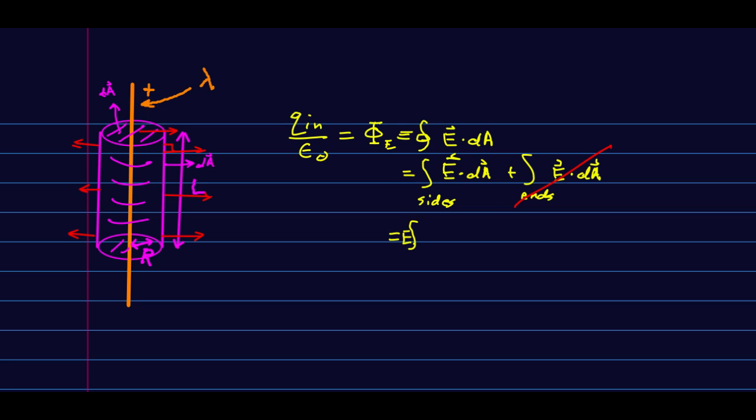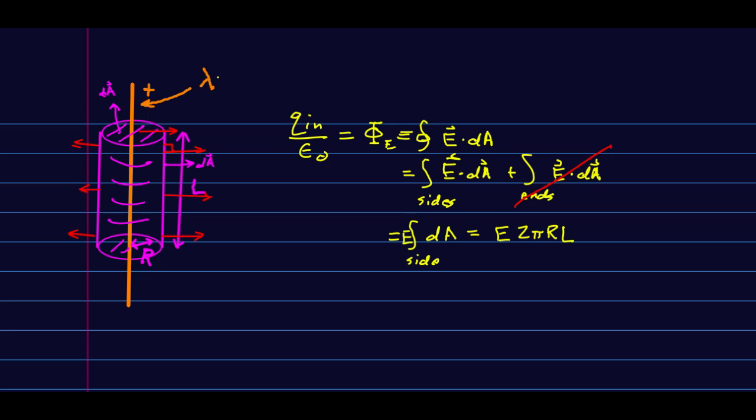I can pull the constant E field out and integrate over the area of the sides, and the integral of dA over the sides is just the area of the sides. Well, the area of a cylinder, not counting end caps, is just its circumference, so 2 pi r, times its length.